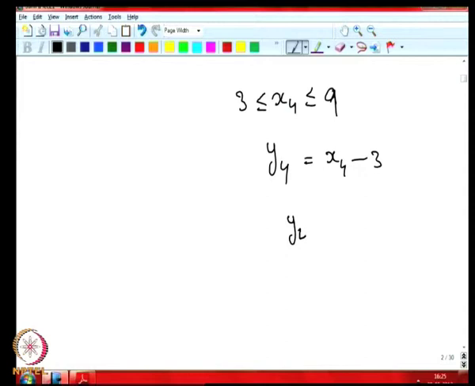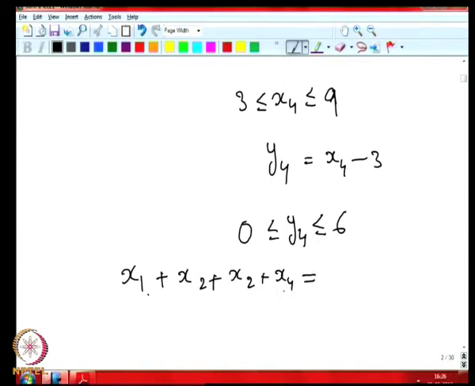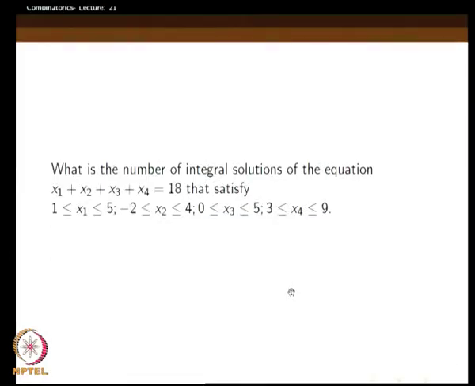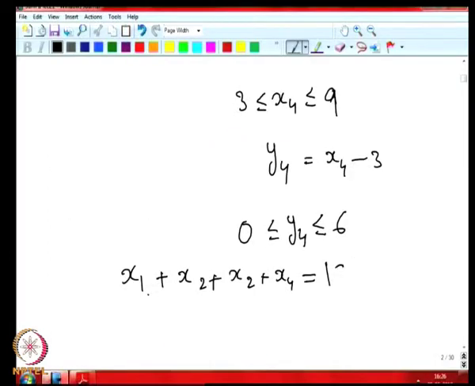So, that y4 will range between 0 and 6. Now, we can write our equation. This was our equation, x1 plus x2 plus x3 plus x4 is equal to 18, that we will rewrite as y1 plus y2 plus y3 plus y4 equal to something.